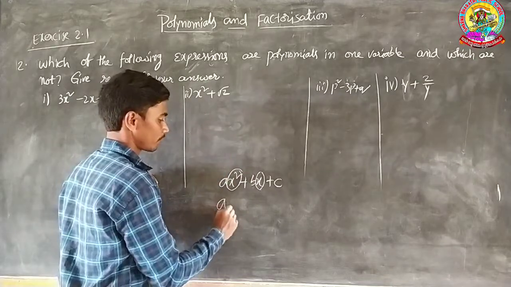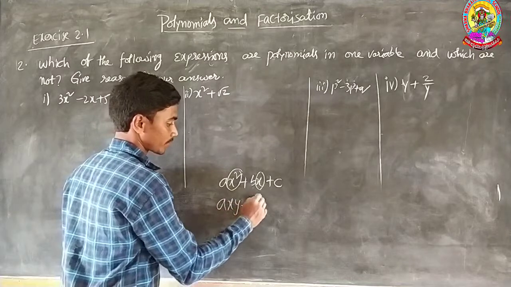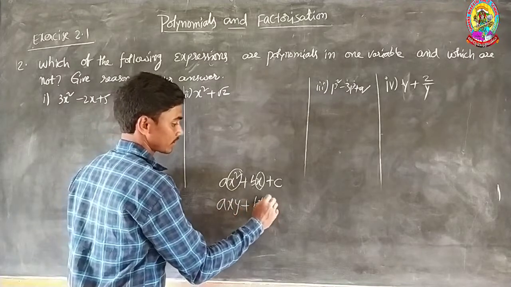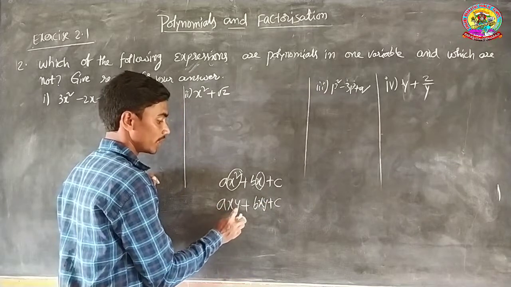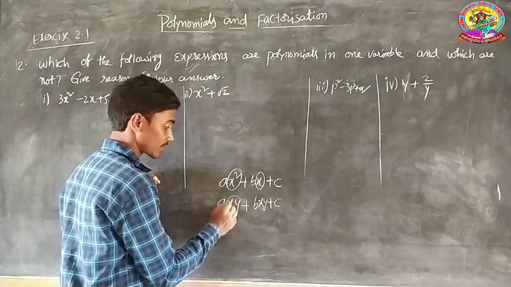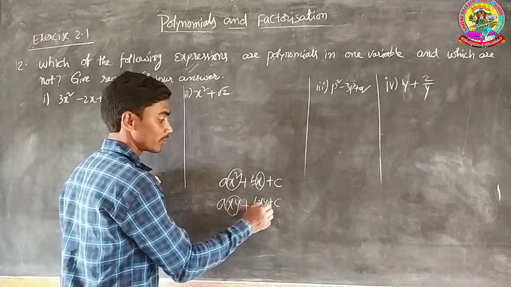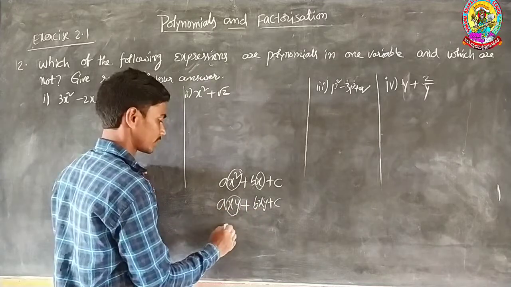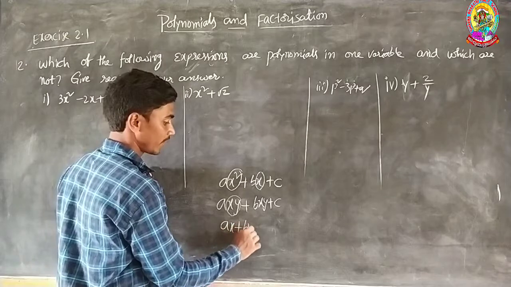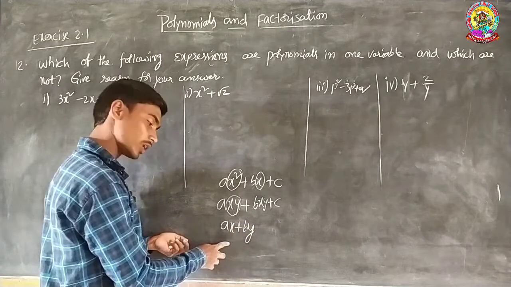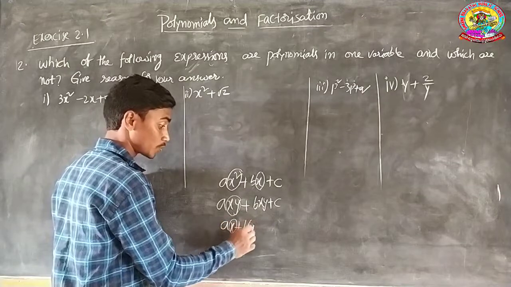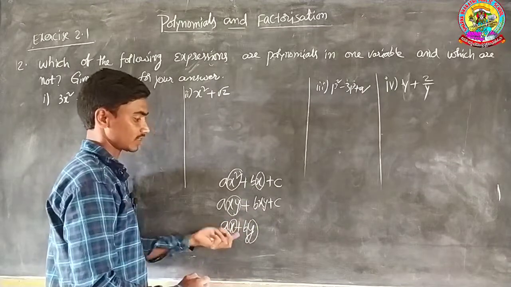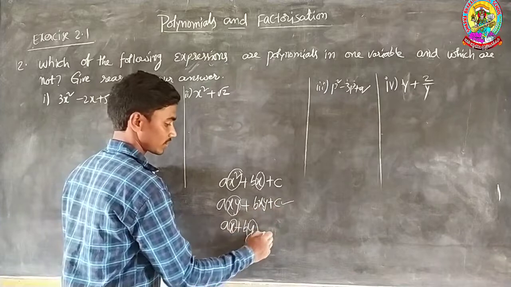For example, axy plus bx plus c, this is also a polynomial in one variable because xy is a term in one variable xy. Next, ax plus by is also a polynomial, but here the terms consist of two different variables, x and y.